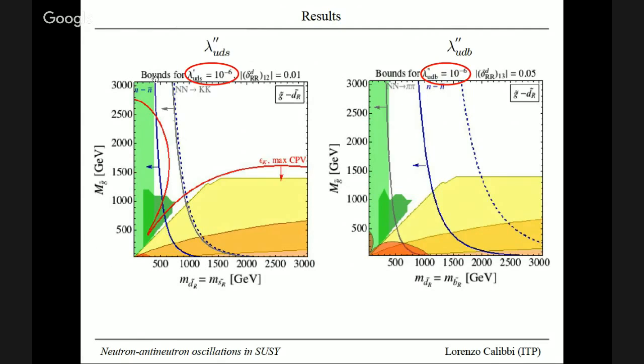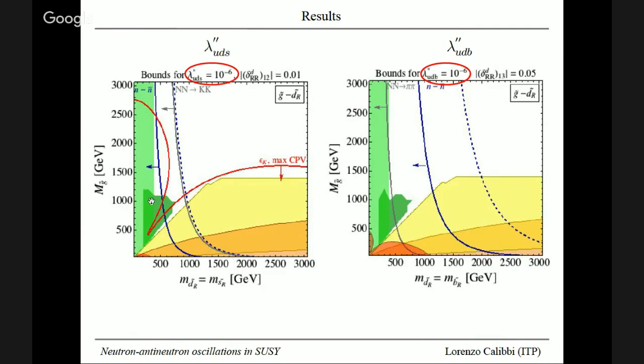So first of all, our present n n bar constraint is given by this blue line, and the expected increase of the sensitivity of the proposed n n bar experiments should test this region up to this dashed blue line.